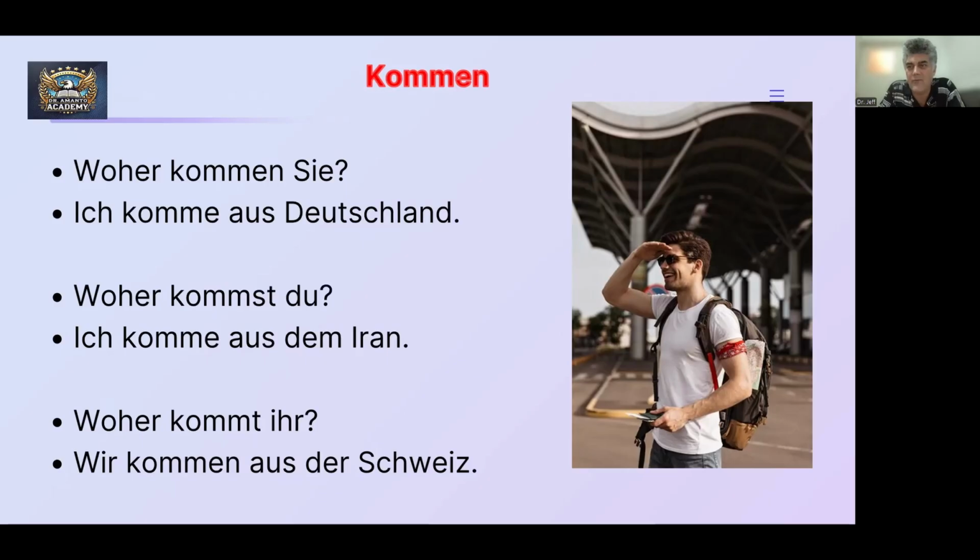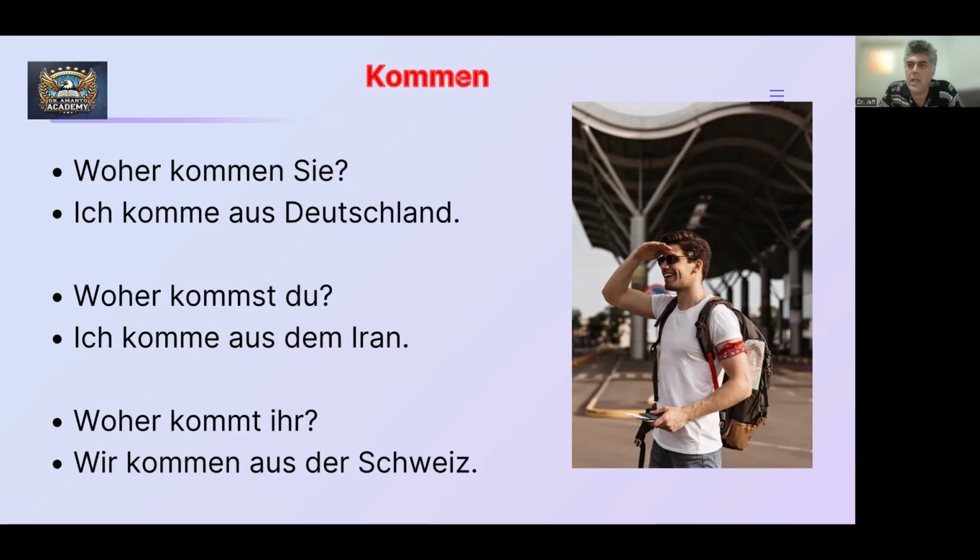Those countries that have an article, we use an article for a few countries actually. The most commonly used are Turkey, die Türkei, and die Schweiz.